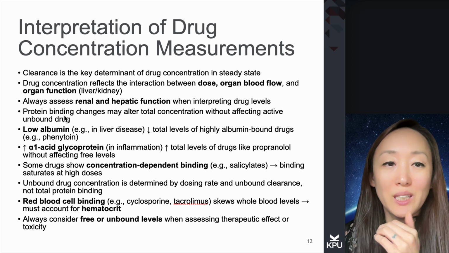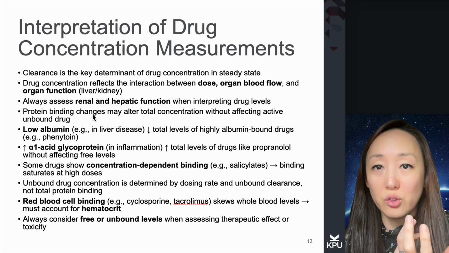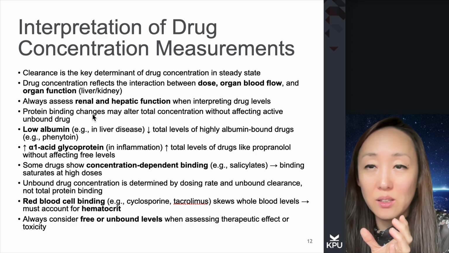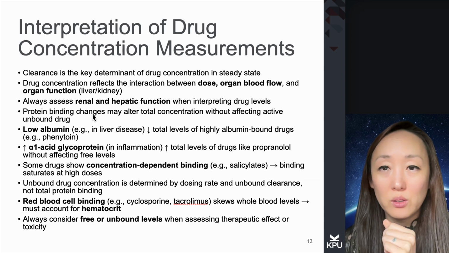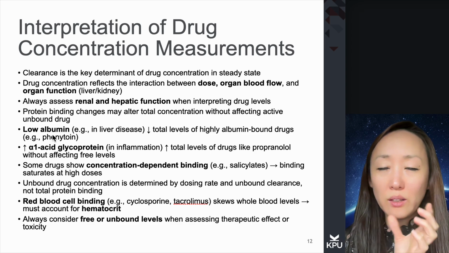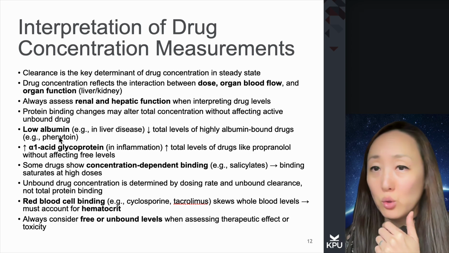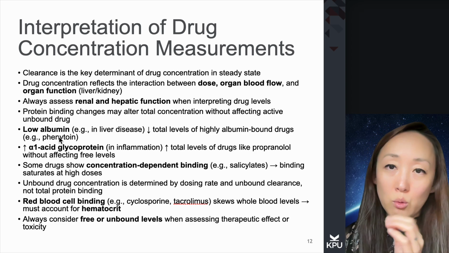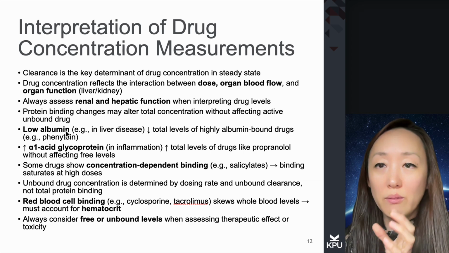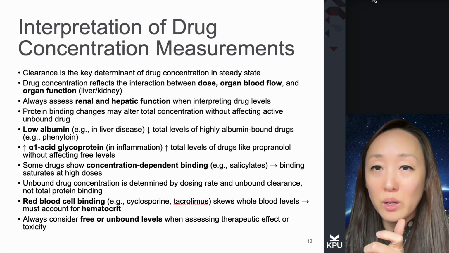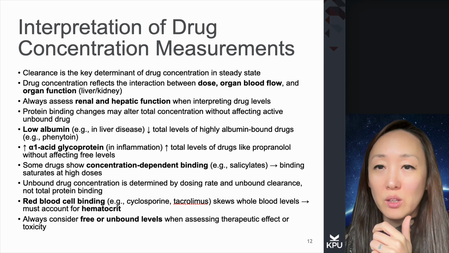And then we have protein binding that can mislead us in terms of the total concentration. Protein binding can falsely suggest there's a change in clearance if we rely only on the total drug levels. As in the case with low albumin, which is a blood protein and is common in liver disease or cancer or other critical illness, this low blood albumin level means lower total levels for albumin-bound drugs like phenytoin, but the active unbound concentration may be normal.